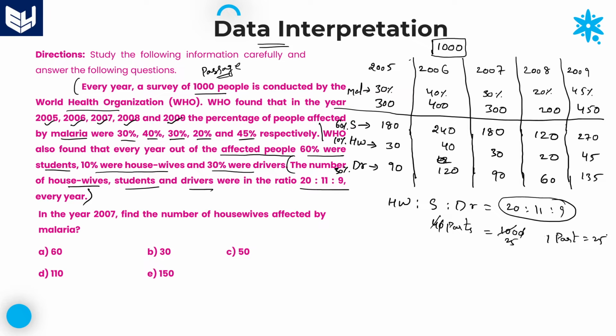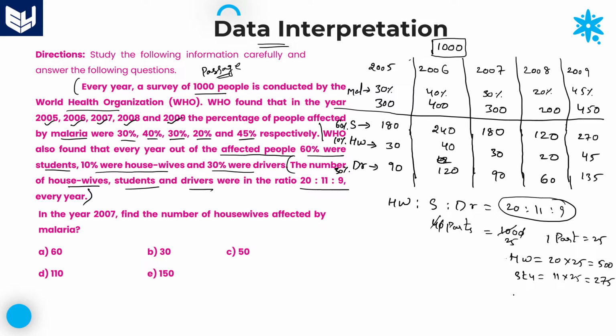Now you just calculate the number of housewives. Total number of housewives: 20 parts, so 20 into 25, that is 500. Next, total number of students: 11 parts, 11 into 25, that is 250 plus 25, 275.